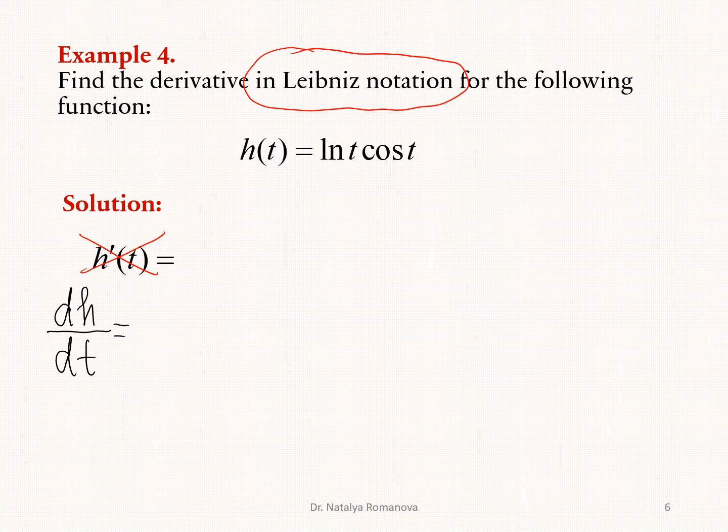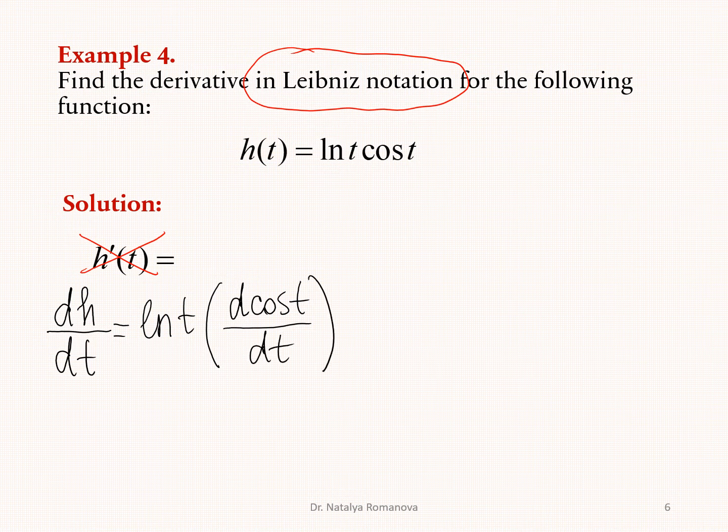After we follow our formula, we keep the first factor ln t times the derivative of the second factor, so d cosine t over dt, plus cosine t times d ln t over dt.